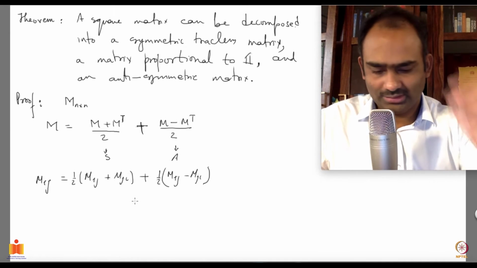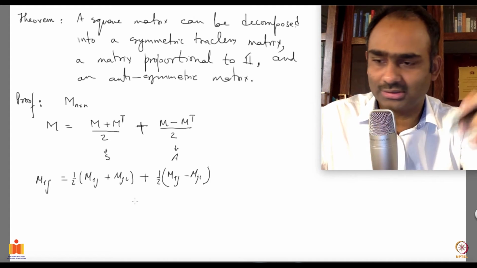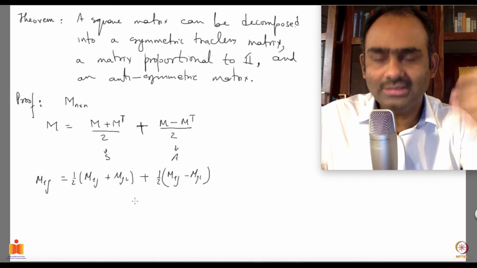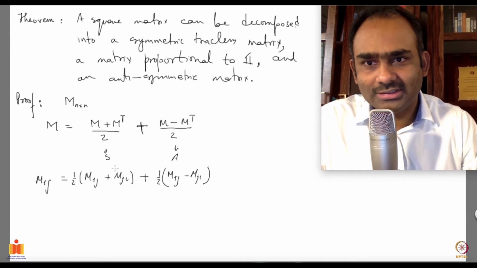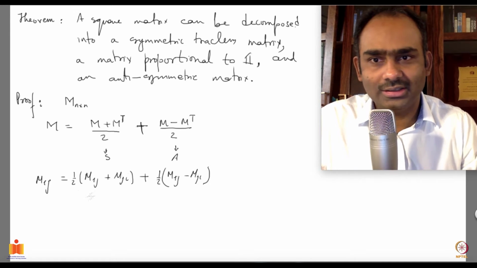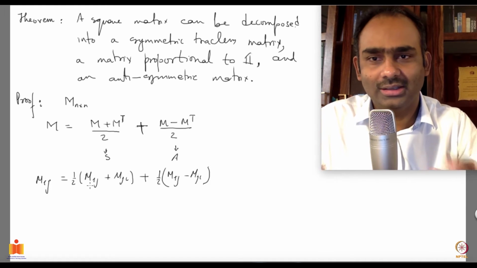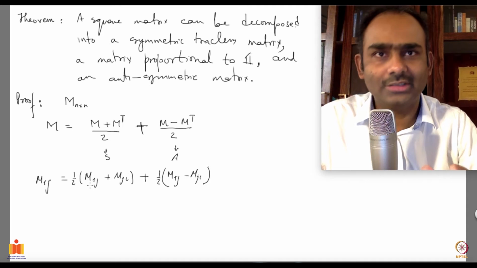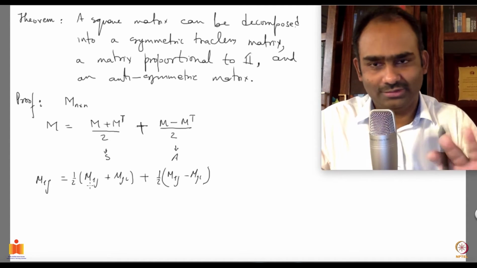And as I said a couple of minutes ago, you always have the identity matrix at your disposal. Now the identity matrix is a symmetric matrix. So out of this symmetric piece, I can take out or subtract any matrix which is proportional to identity, and filter that out.